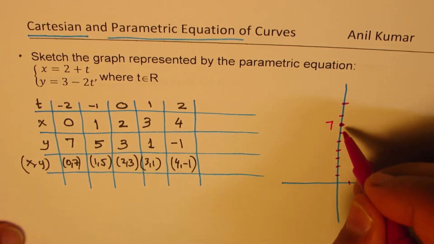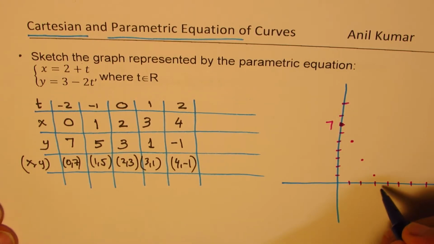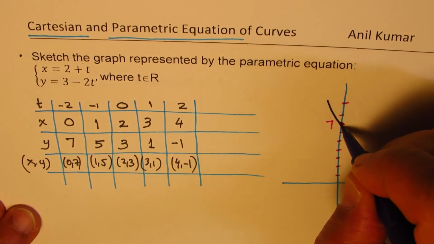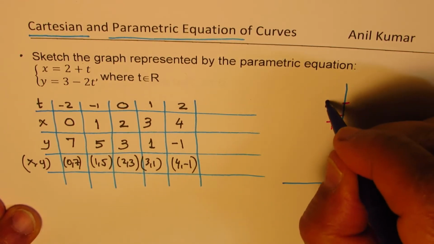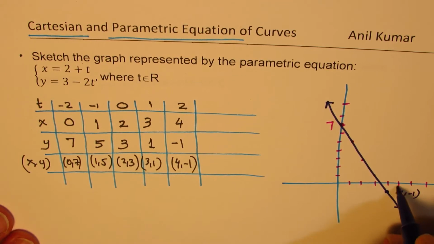When we connect these points and extend them, this is not really an exact value, but gives you an idea of how to sketch. The whole idea is to understand the concept, right? So we get a line here where this point for us is 4, minus 1. Is that clear to you?